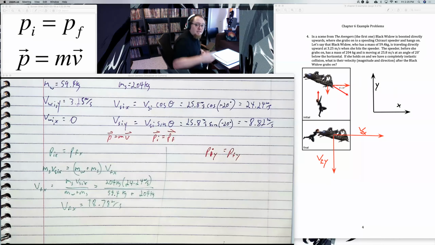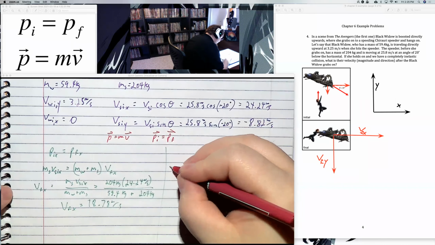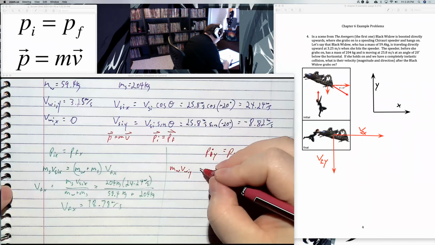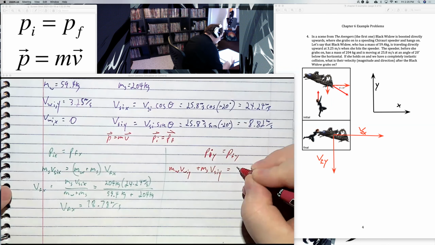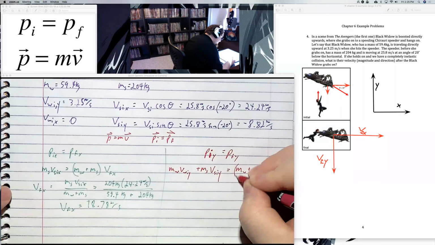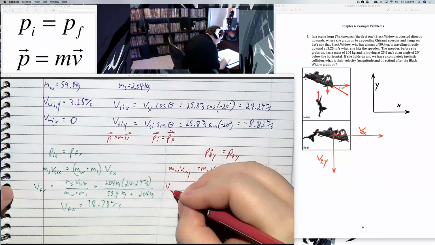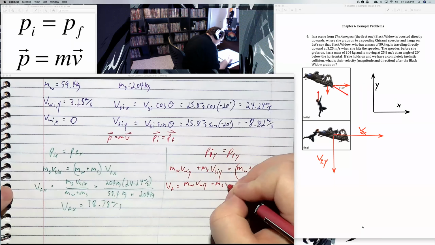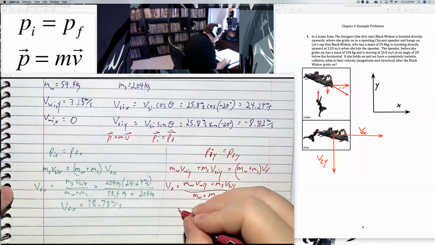Meanwhile, I can look at y. In y, in my initial case, she's going up, it's going down. So in y, my initial will be the mass of the widow times the velocity of the widow initial in y, and the mass of the speedo times the velocity of the speedo initial in y. And at the end, they'll be combined as one item. Just like last time, I'll divide by this bit in parentheses and plug in.